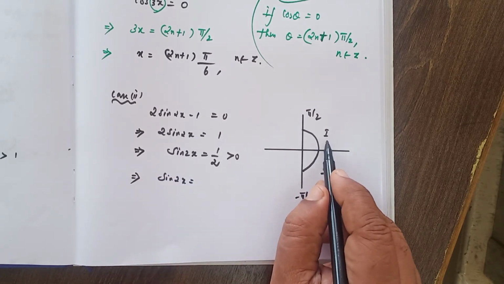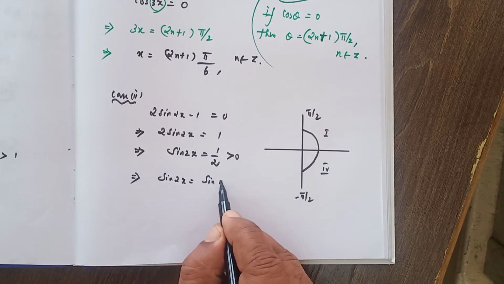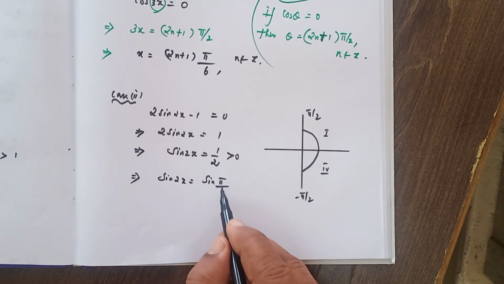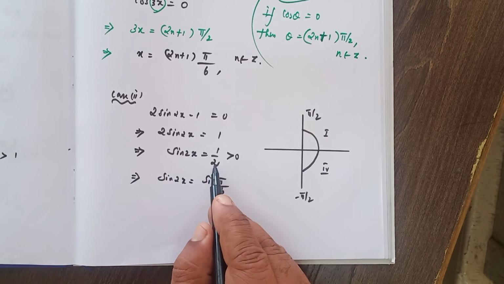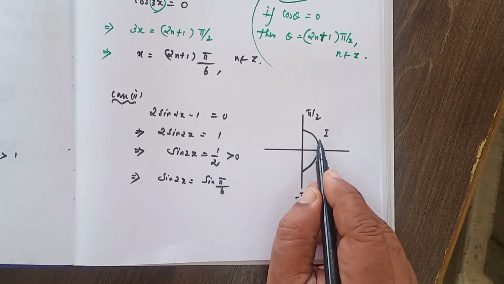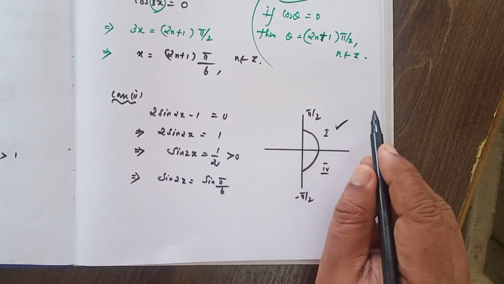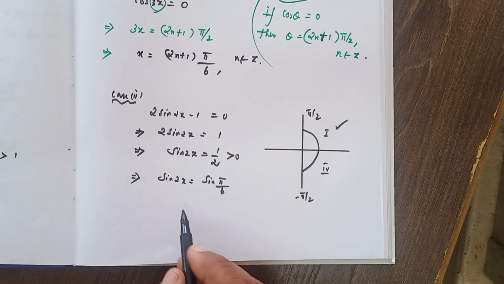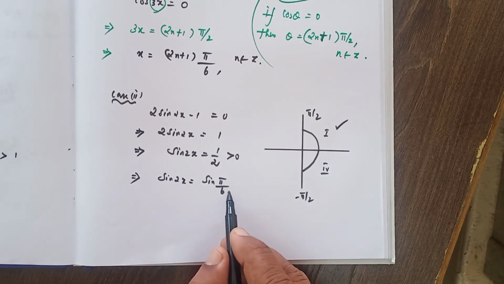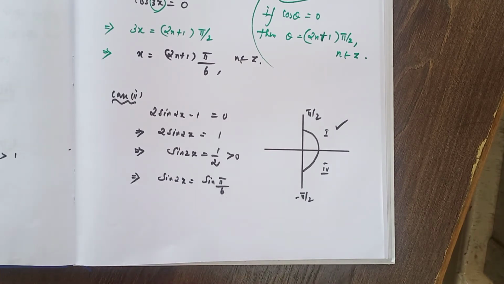Which implies sin 2x is equal to, since the angle is in the first quadrant, sin pi by 6. Pi by 6 is equal to 30 degrees. Sin 30 is equal to 1 by 2. 30 degrees lies in which quadrant? First quadrant. Okay. Now what form is it? This is of the form sin theta equals sin alpha.